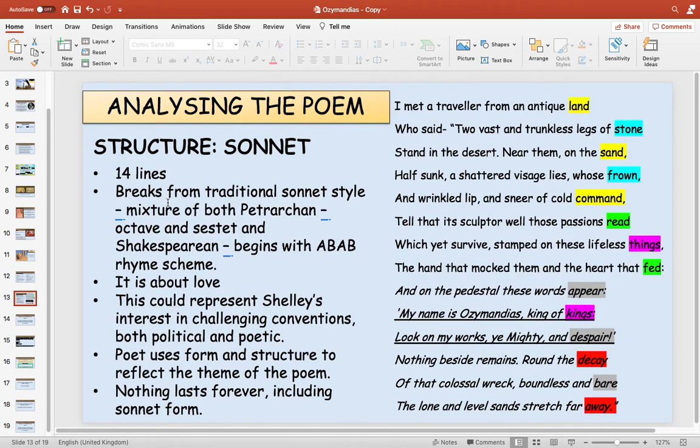So, thinking about that then, I've got the Ozymandias poem on the right here. It does have 14 lines, so that is typical of any sonnet. However, it breaks from the traditional sonnet style, so it's a bit of a mixture of Petrarchan and Shakespearean. So the Petrarchan form is that it has got the first 8 lines, which sort of pose the problem, and the last 6, which resolve that.